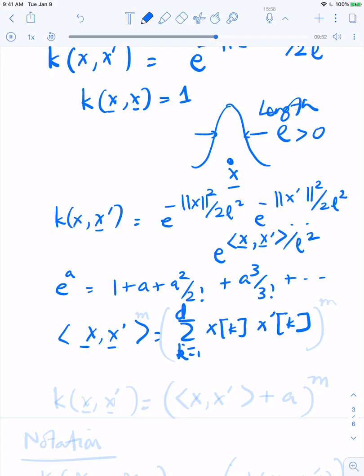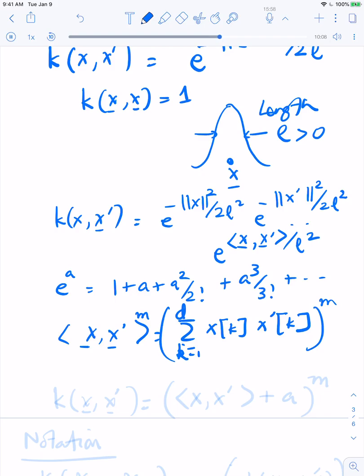And now if you're taking this to the power of M, you see that all sorts of higher order terms in the x's and x primes come into the picture.